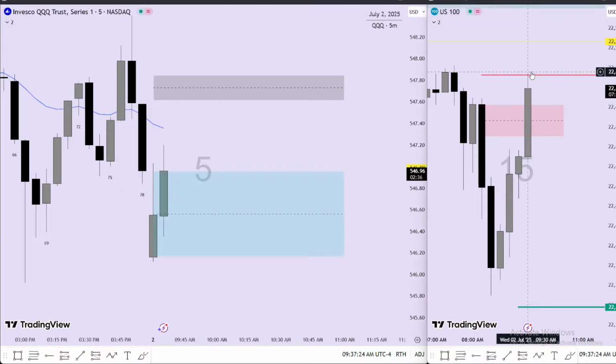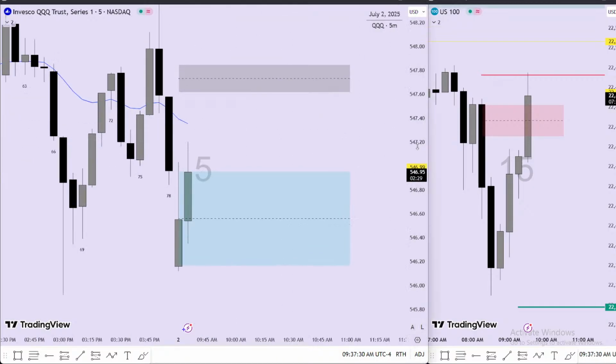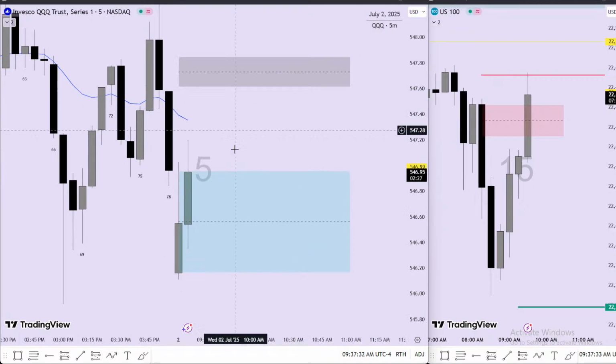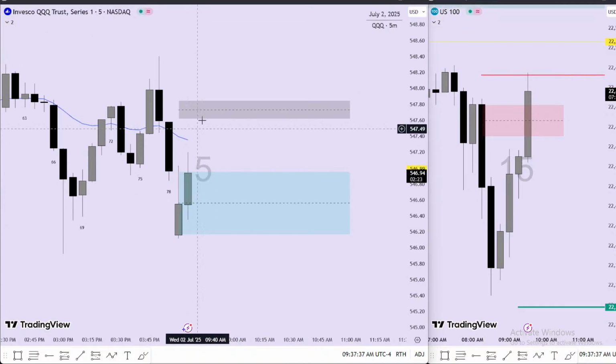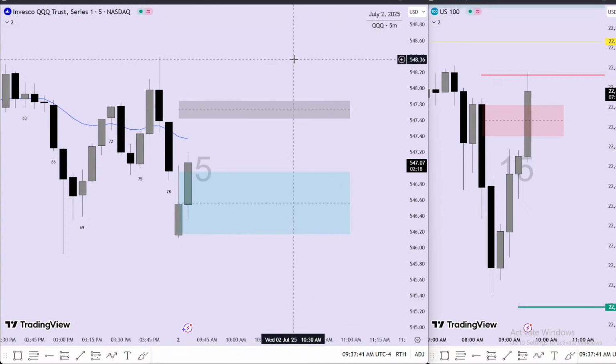We are testing that red line. We are yet to test this moving average. These are the things which are against the bulls. So bulls have to do much better than this to become an always in long or a bullish trade.